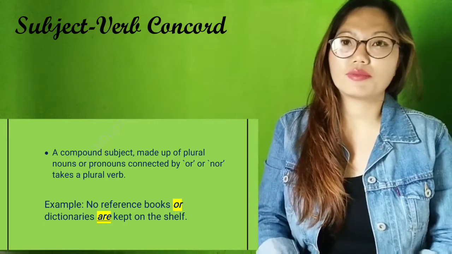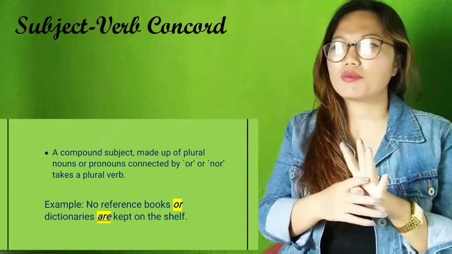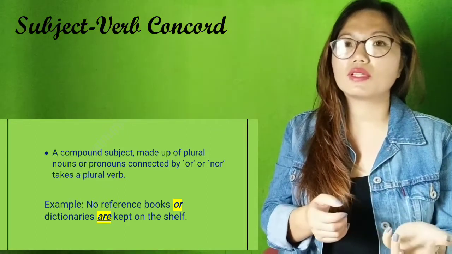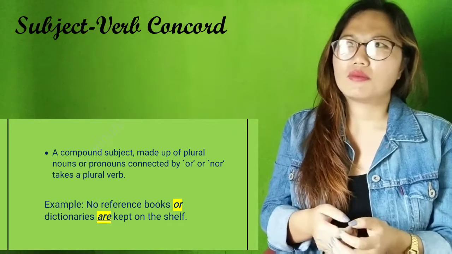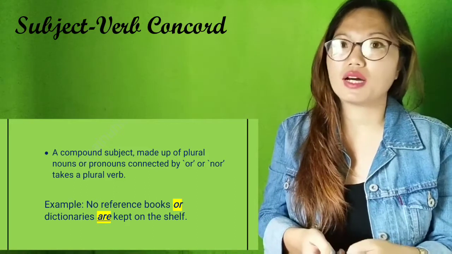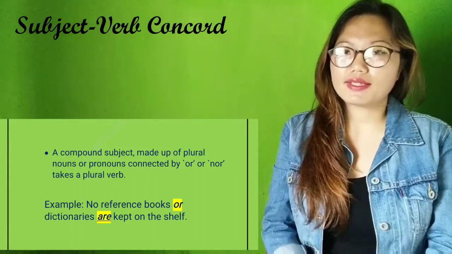So are here is the plural verb. In rule number 3 it says singular nouns or pronouns connected by or, nor take singular verbs, and in rule number 4 compound subjects made up of plural nouns or pronouns connected by or, nor take plural verbs.